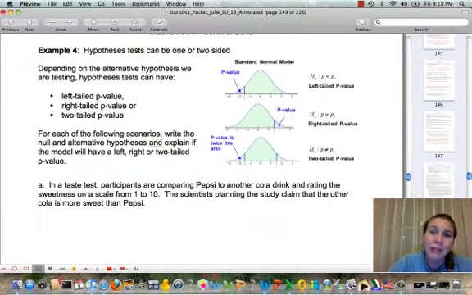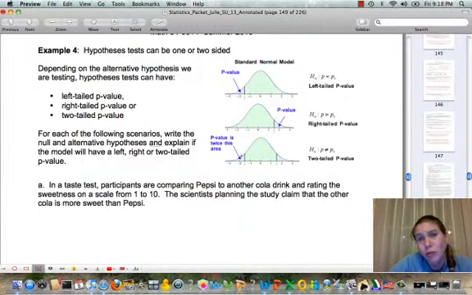And this is when we say that the proportion is less than what we're assuming for the null. So this p sub 0 is what we're assuming the proportion is for the null. One possible result could be that the proportion is actually less than the null. The second option would be what we call a right-tailed p-value, which is up here on the right side of the graph. And that's where the proportion is greater than the null proportion.